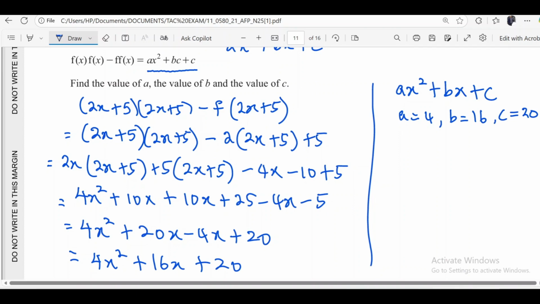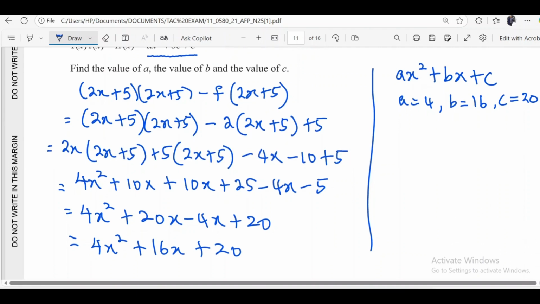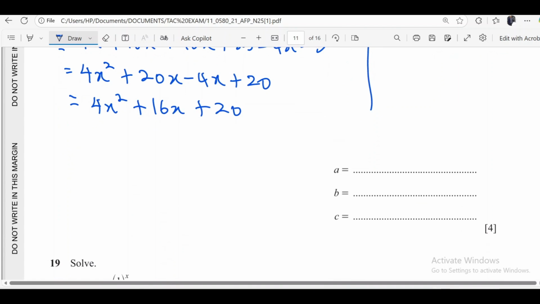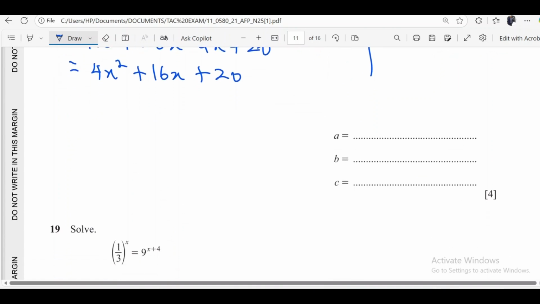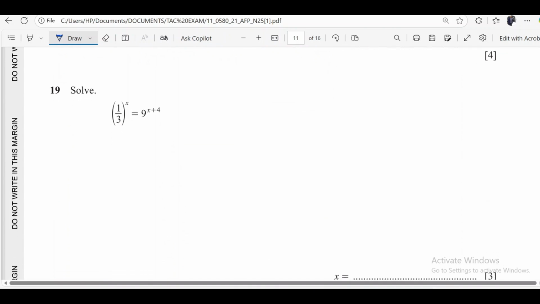I think this is what the exam body wants students to do, but there's an issue here, and so they asked examiners to award a bonus of 4 marks to every student. So students were awarded this as bonus. All right, so that's it. It's bonus for everybody. And let's move on to number 19.